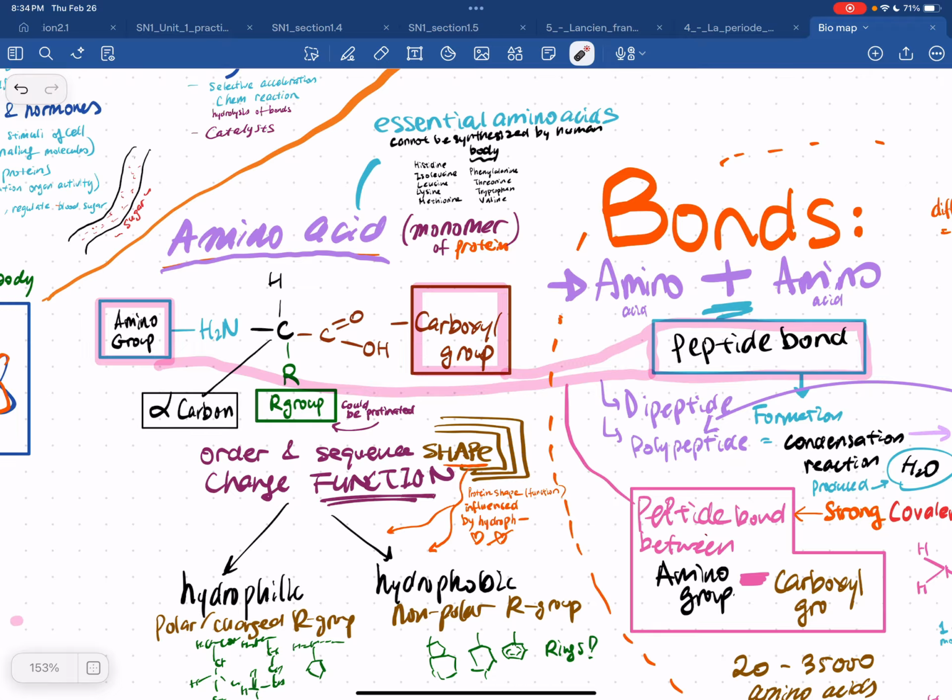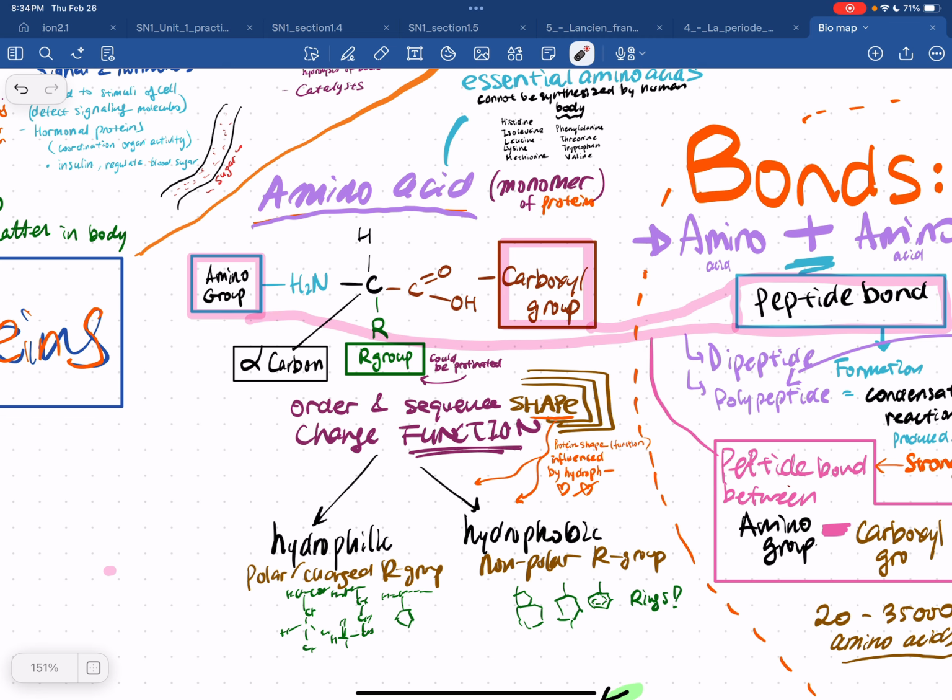I didn't write it. Oh, I did write it. Polypeptides. These are bonded by peptide bonds, between the carboxyl group and the amino group. And there's the alpha carbon, the monomer unit of proteins, and shape, order, and sequence will change their function.